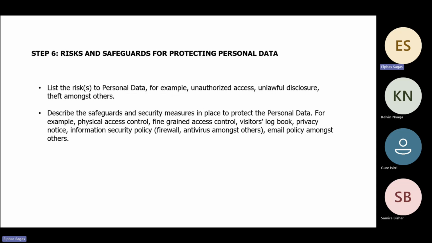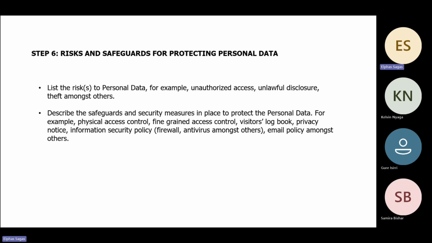Look at the controls that you have in place. Carry out assessment in terms of likelihood and impact. Give it a risk score, and then evaluate the controls that are in place. Are they able to mitigate against that kind of risk? If not, come up with other better controls that are able to mitigate against those risks.